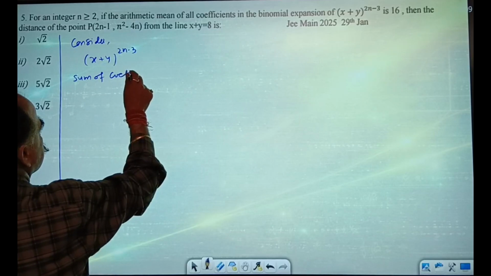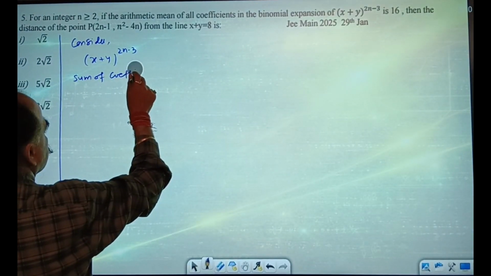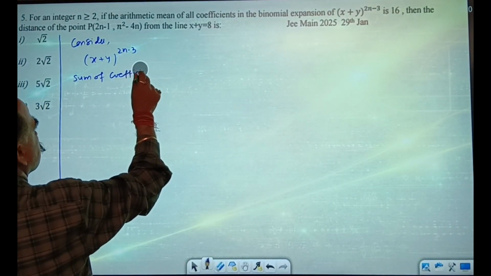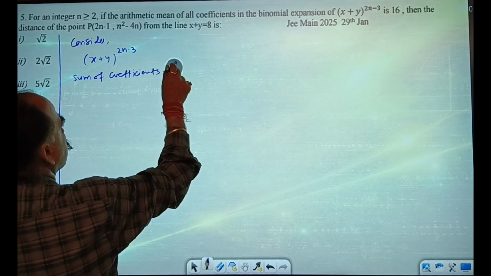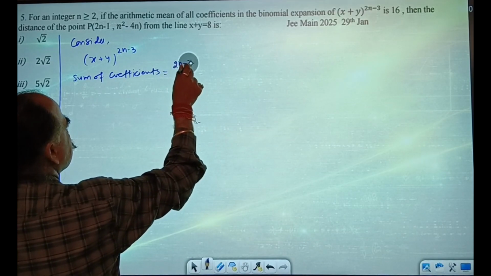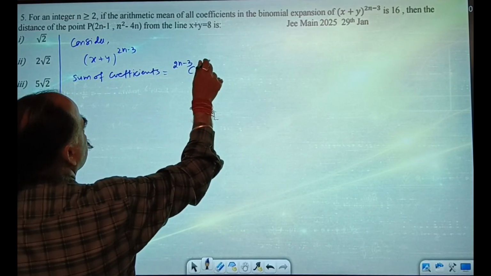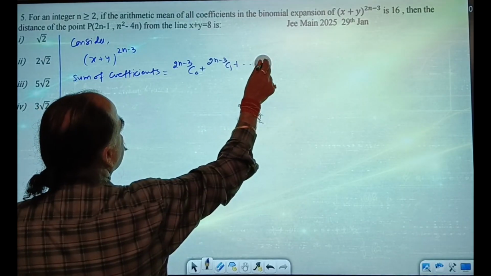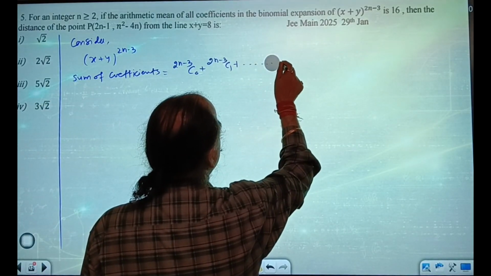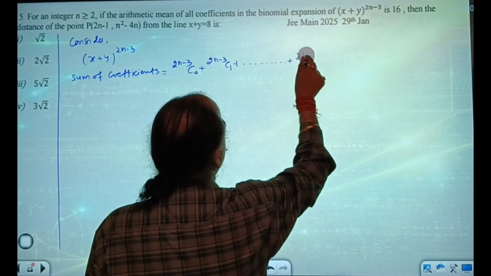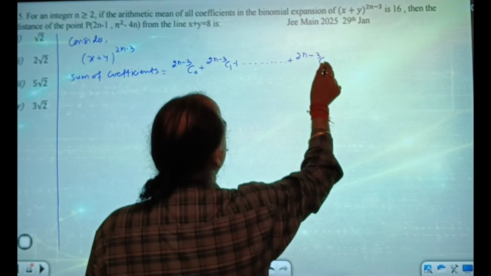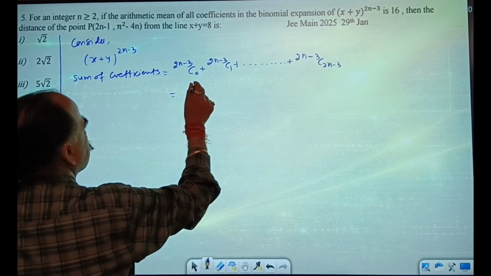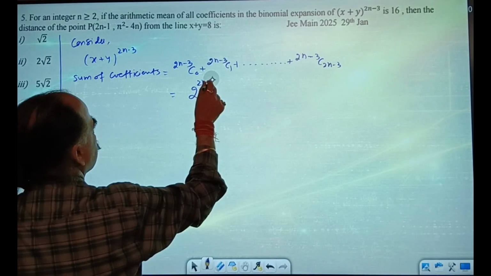That is (2n minus 3)C0 plus (2n minus 3)C1 till (2n minus 3)C(2n minus 3), and its sum is 2 to the power 2n minus 3.